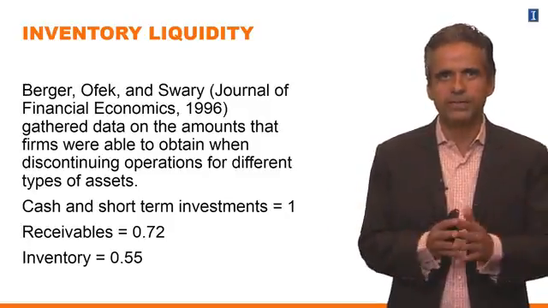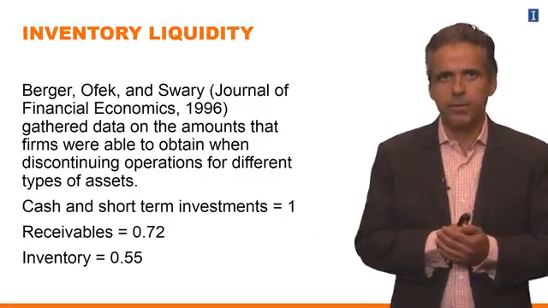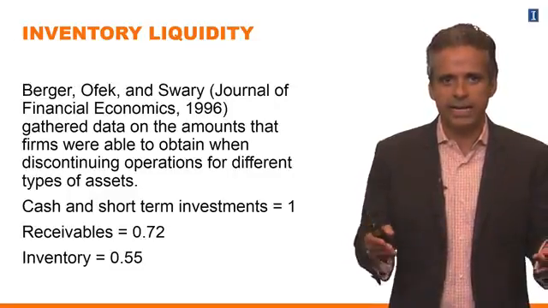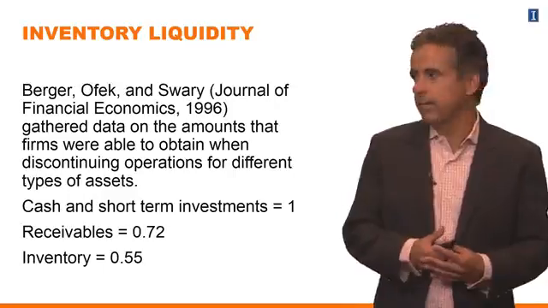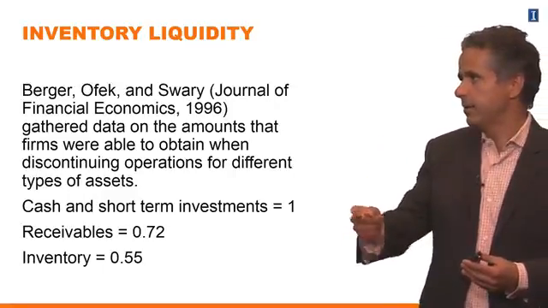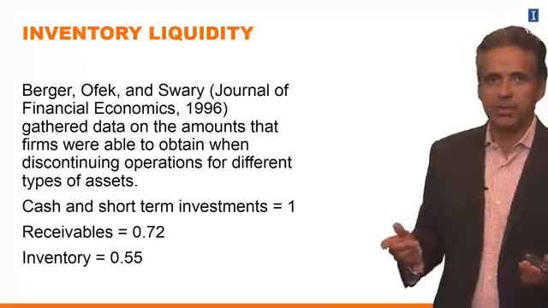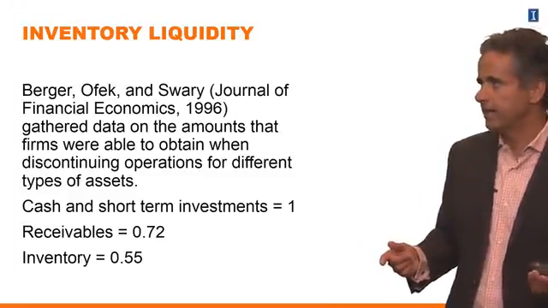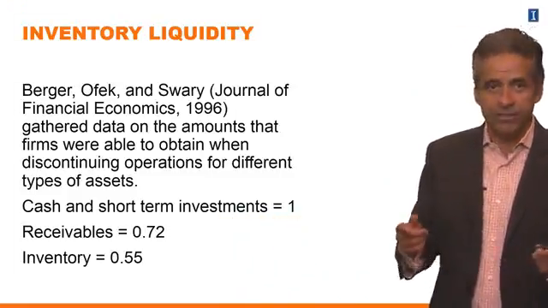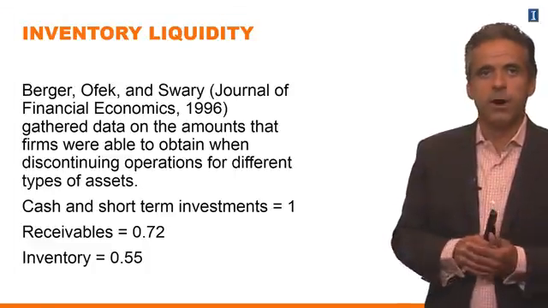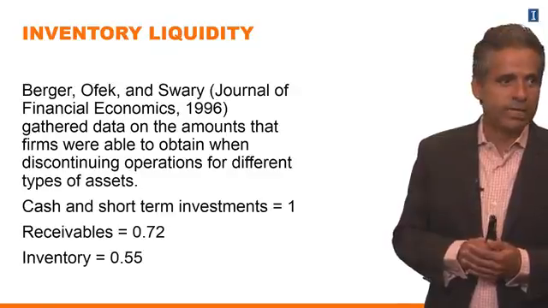These were companies that went bankrupt, for example, and they looked at how much they got for their current assets. Intuitively, cash is one. If you liquidate cash, cash is cash, so they got 1 for that. Receivables, they got 72 cents per dollar. What this number means is that for each dollar of receivables they had, they were able to raise 72%.